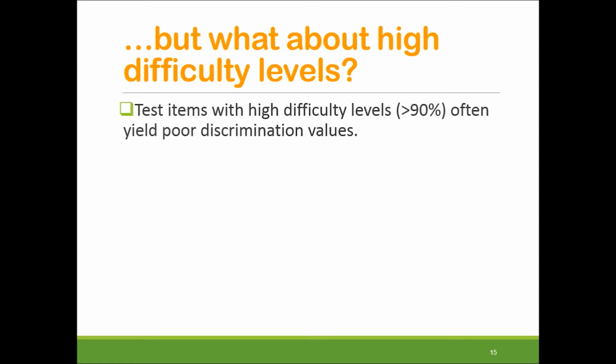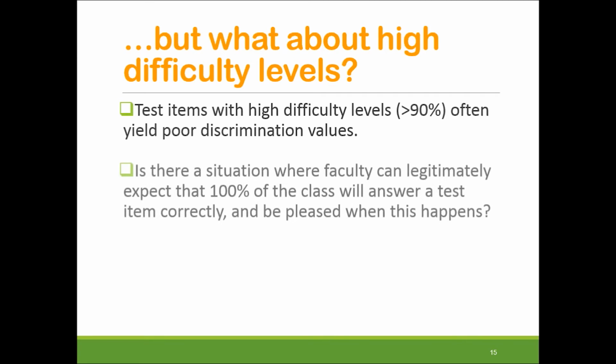And of course, that's because you've got all levels of ability taking the test among your students, but everybody's getting the test question answered correctly. So one of the things you've got to be careful of is including items where everybody is approaching getting the answer correct. There's only one situation that I can think of when it would be appropriate for literally the entire class to answer the item correctly, and that would be in a situation that we call a mastery item situation.